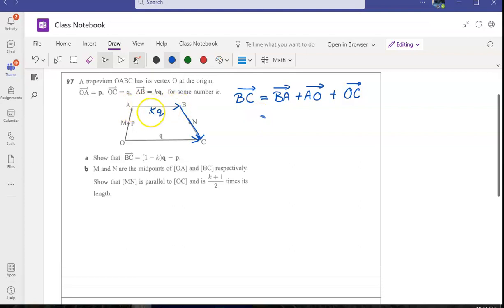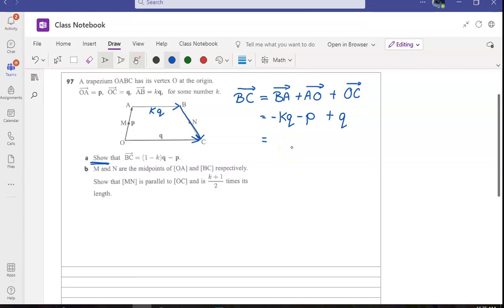We have AB is KQ, so BA must be the negative thereof. Remember that? Are we remembering this? A little bit? Not too bad. Now, OA is P, so AO is negative P. OC is still just Q. A reminder, when you've got show that questions, it's really tempting to just go, oh yeah, it's what we got.